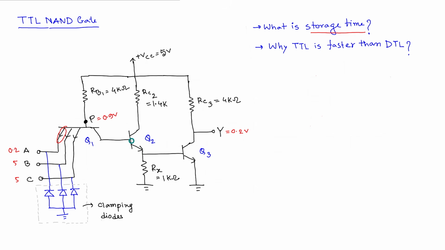So now the base has extra charges stored, so how can it move from there to somewhere so that the transition can happen quickly? The idea is, if you want to calculate the voltage here, you have to come from here, right? Because all of the junctions are still behaving like saturated, it cannot instantly go to cutoff mode.